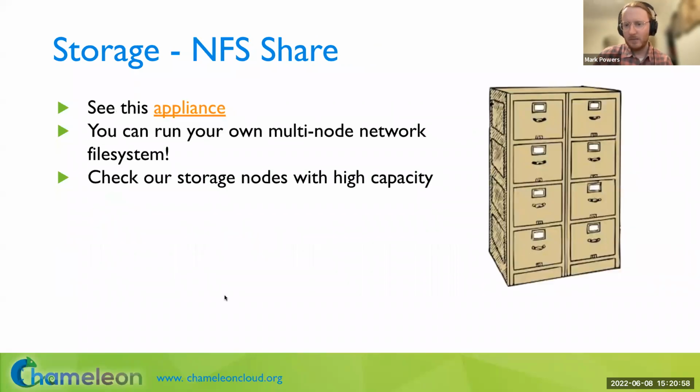The next way I've mentioned of using storage on Chameleon is setting up an NFS. So I mentioned we have this appliance that you're able to launch on Chameleon, or you could configure this via any NFS software that you can configure normally on Linux. Chameleon is bare metal, and you have the power to do pretty much anything, so you can run your own multi-node networked file system.